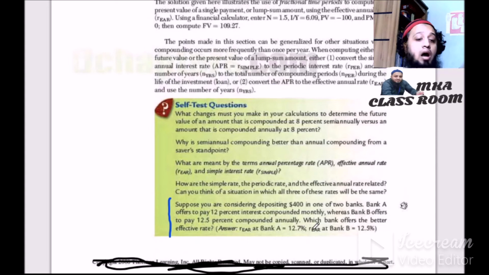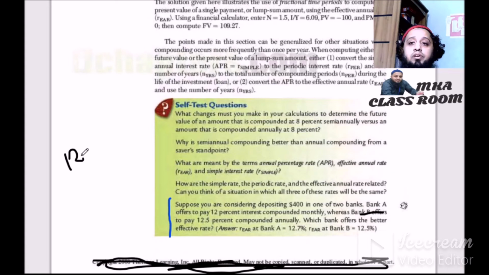There is no need to calculate the effective annual rate for bank B, because if you calculate it, it shows 12.5%.